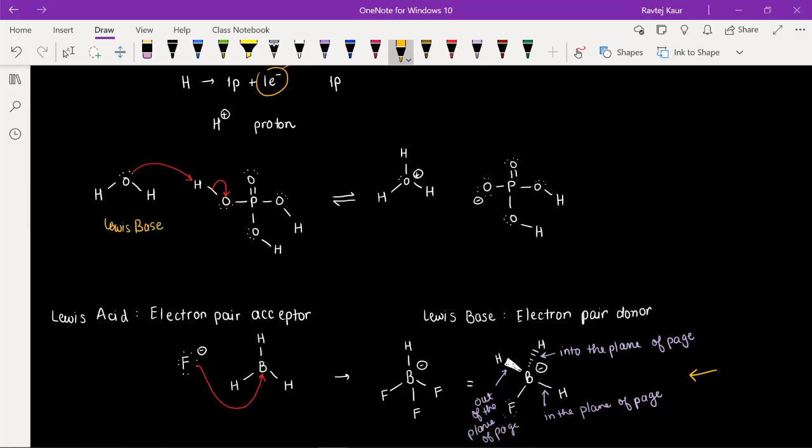On the other hand, the oxygen which is in the phosphoric acid took the electron pair which was in the bond between oxygen and hydrogen. So you can treat it as an electron pair acceptor, and therefore you can say it is a Lewis acid. Right, so you can say a Bronsted acid, Bronsted base is a Lewis acid, Lewis base, but the other way around might not be the case.